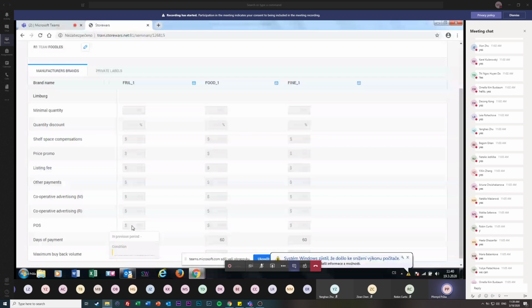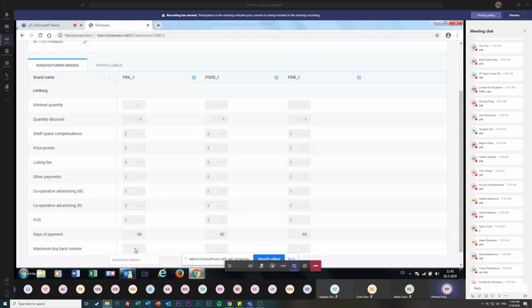And there is one more command, which is the maximum buyback volume, which I would not negotiate, because frankly speaking, I don't have experience of this, because in the last periods we haven't done it. So this is quite a new tool. So I would leave it, and I would finish with the days of payment.